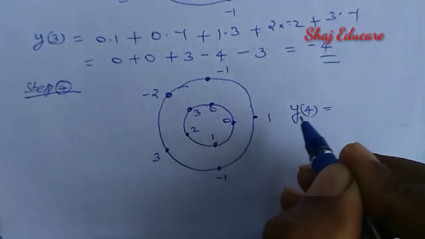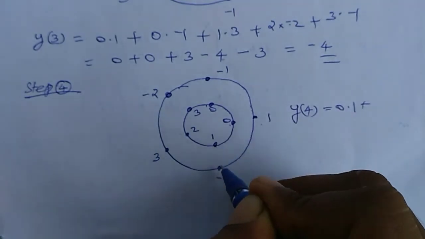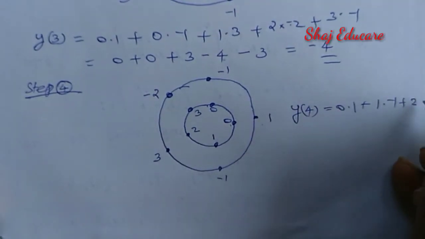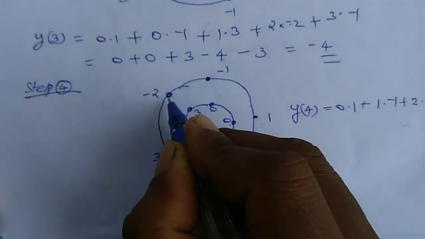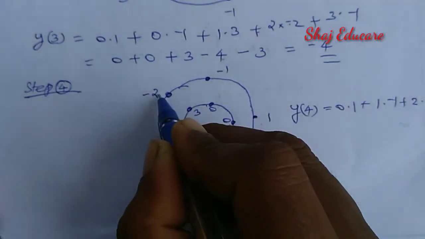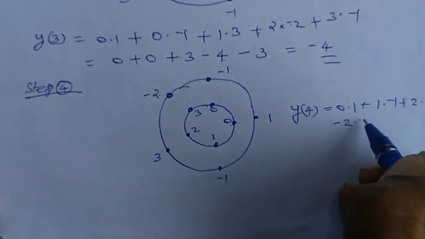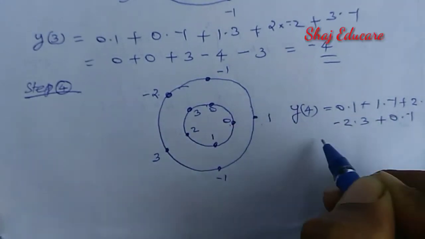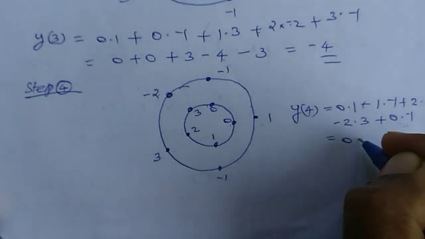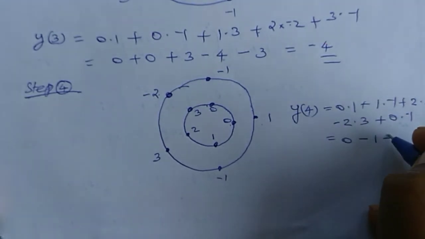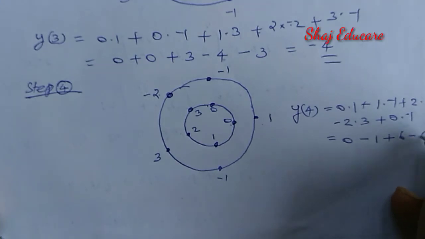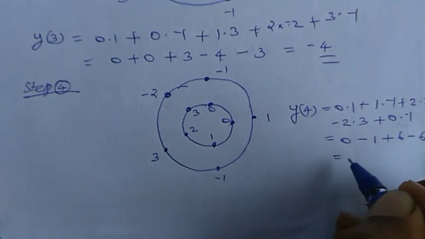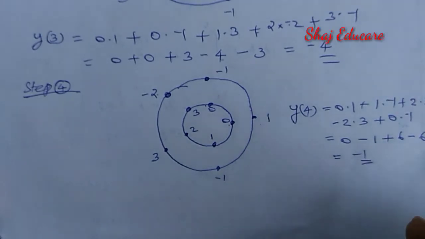This is equal to 0 into 1 plus 1 into minus 1 plus 2 into 3 plus minus 2 into 3 plus 0 into minus 1. This one equal to 0 minus 1 plus 6 minus 6 plus 0. Then the result y of 4 will be minus 1.